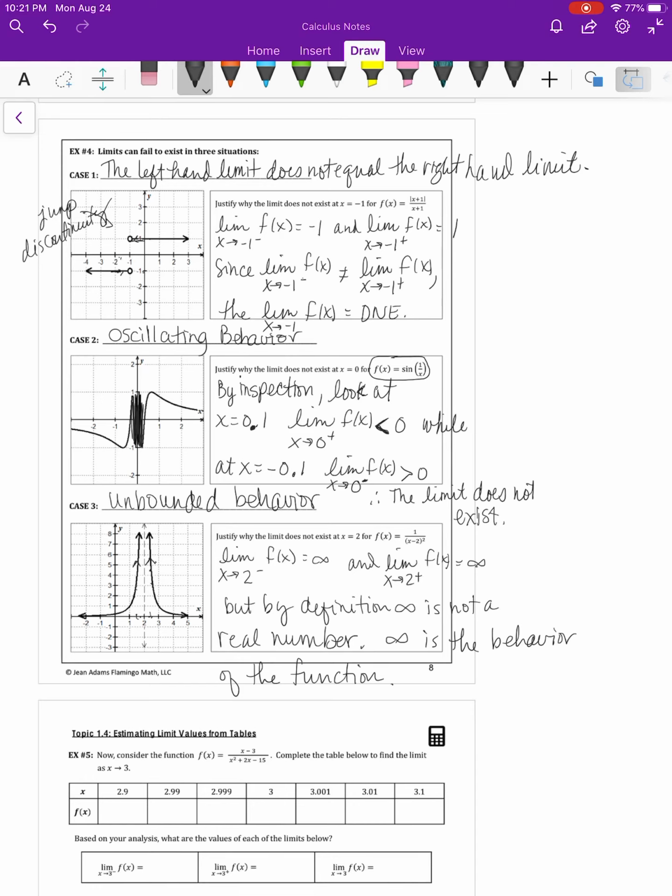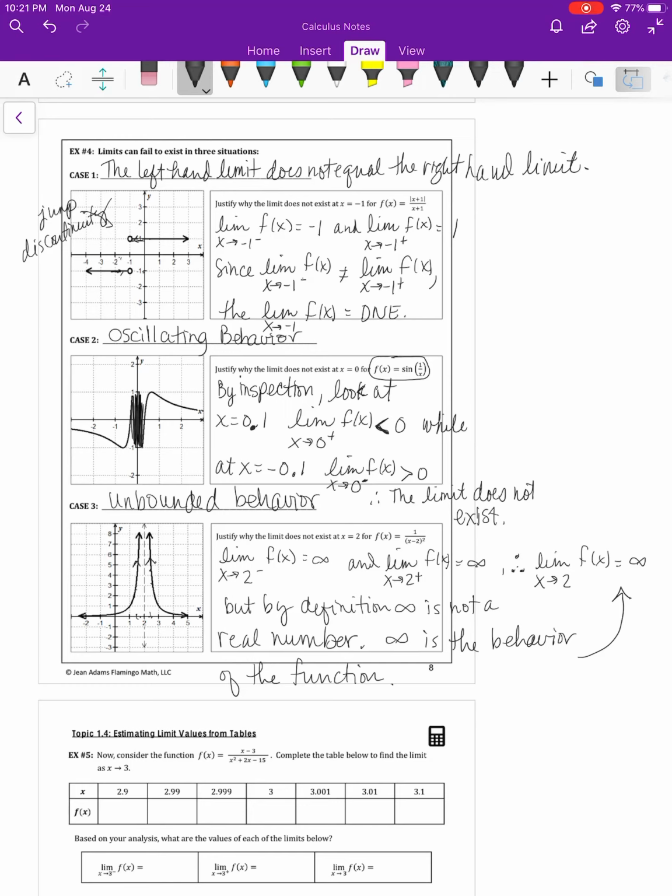So even though on both sides it's going to infinity, and really we would say, therefore, the limit as x approaches 2 of f of x is infinity, this is actually talking about the behavior of the function.